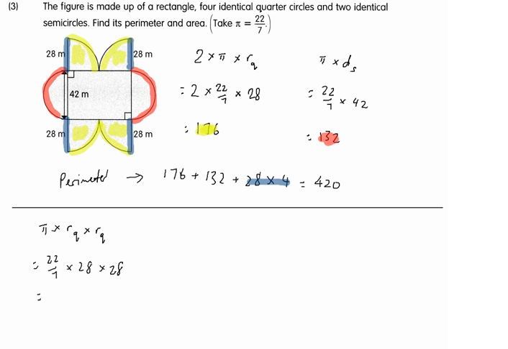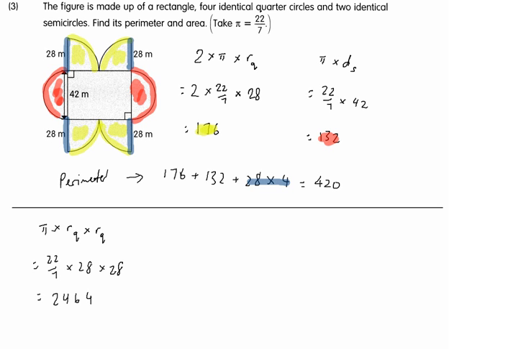What do you get, Beyond? 2,464. This is for the yellow circle. Now I need to find my red color circle.